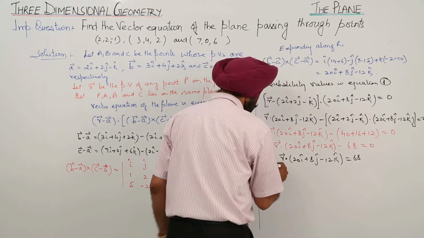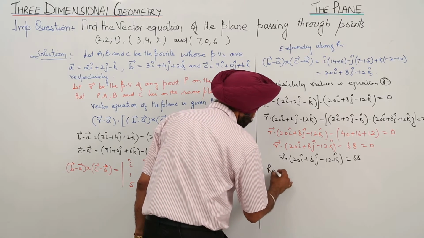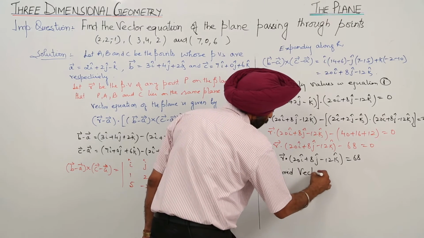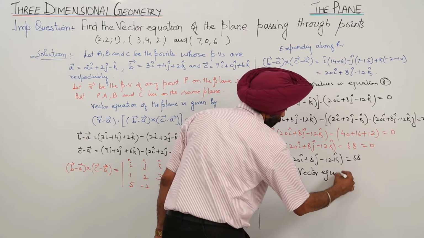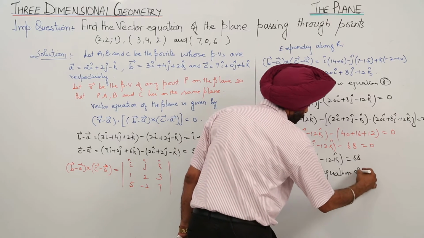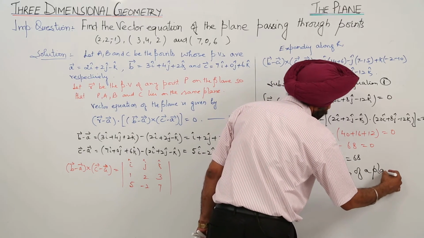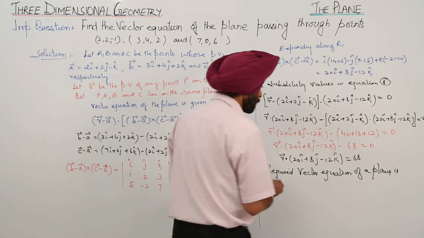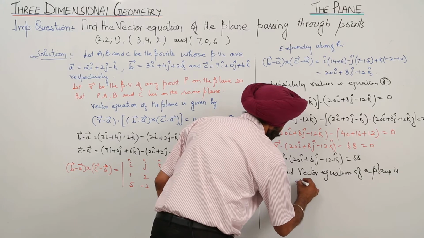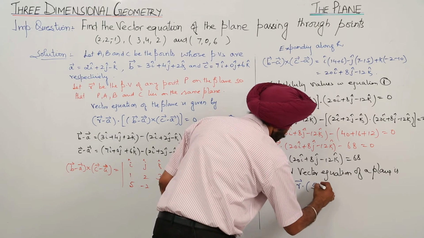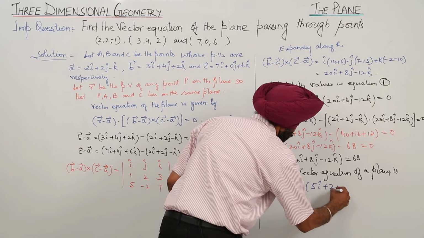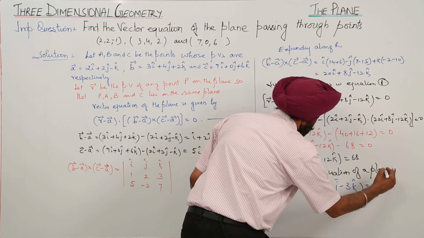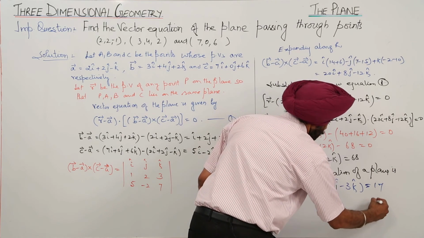Now the required vector equation of a plane is, now we can write it, vector R dot 5 i cap plus 2 j cap minus 3 k cap is equal to 17. Answer.